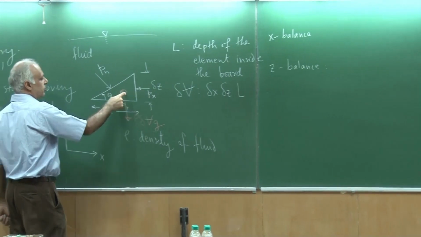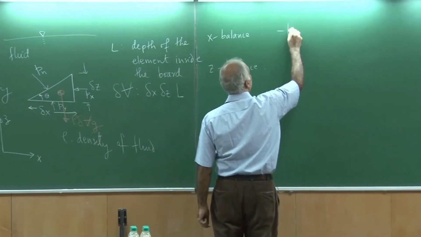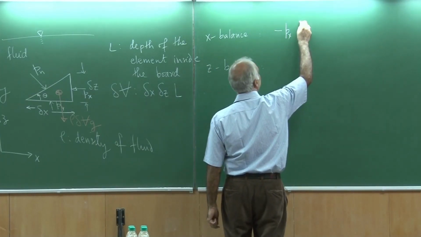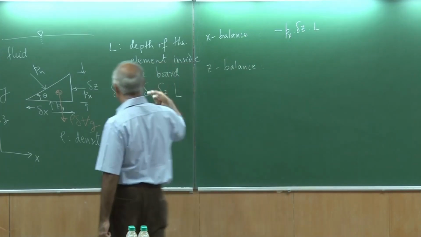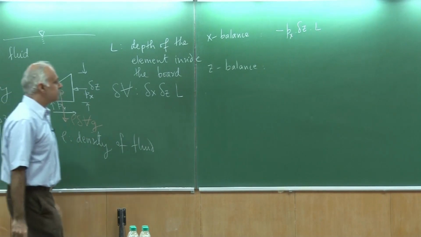So, there is a force in this direction which is minus Px times the area, and the area would be simply delta z times L. So that's the force in the negative x direction. The force in the positive x direction is because of this Pn.